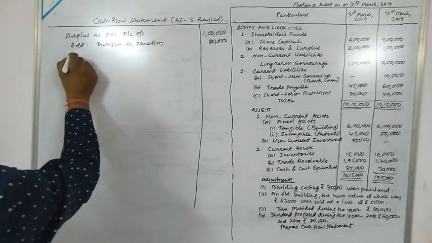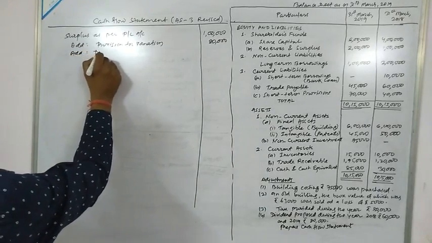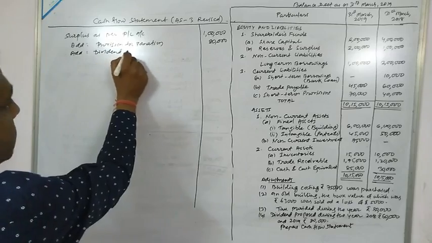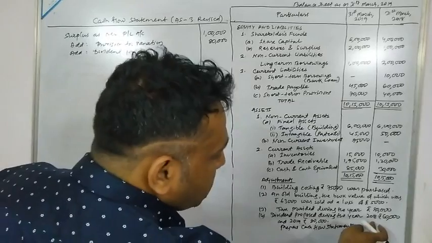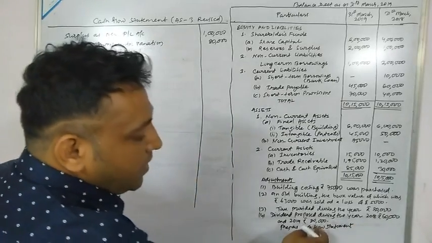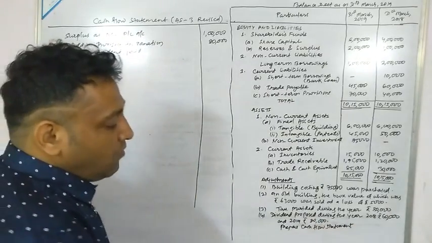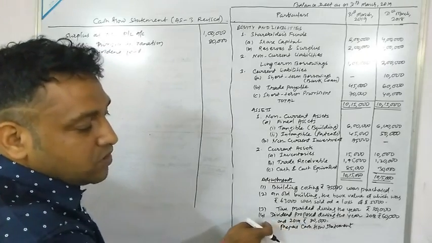Then again we have to add the dividend paid. Here you see, proposed dividend has been given in 2018 as 60,000 and in 2019 as 80,000. For the two years, the proposed dividend has been given.